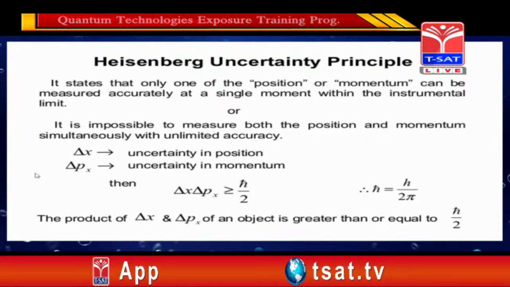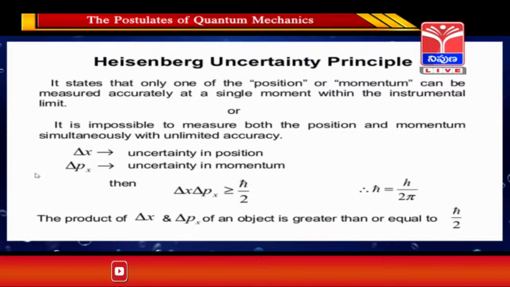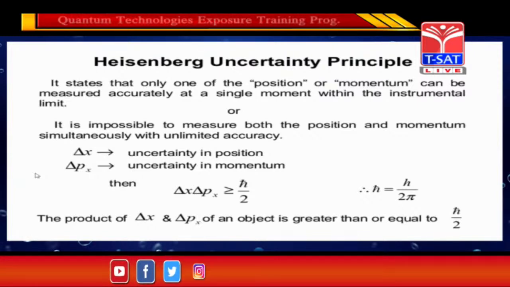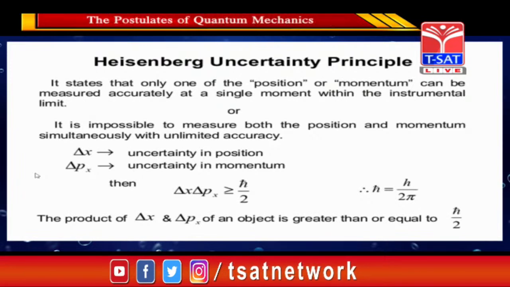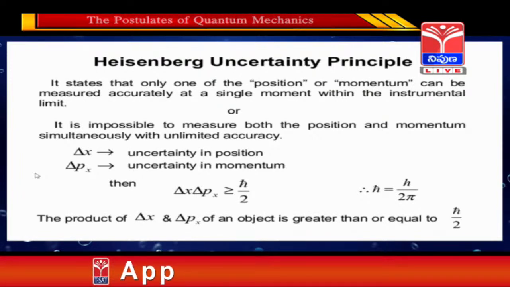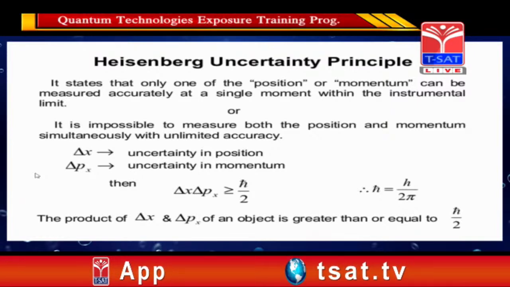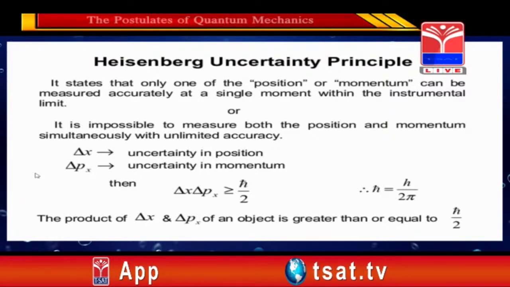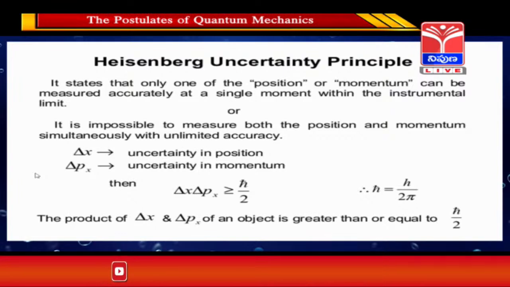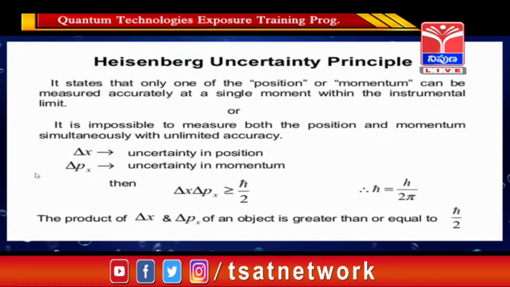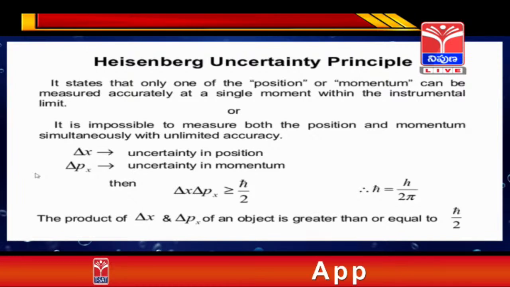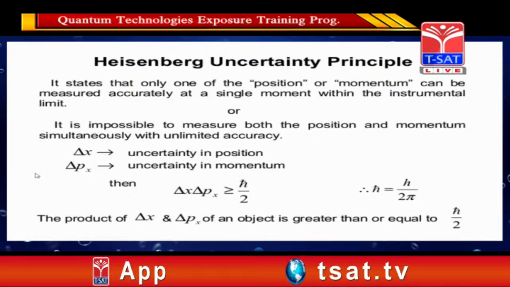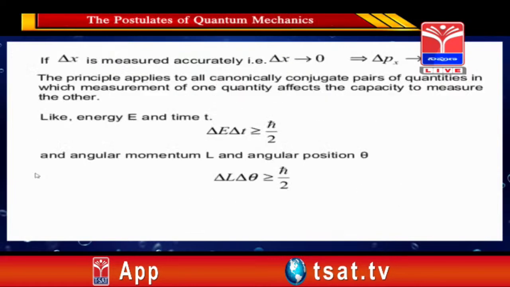If we are measuring momentum precisely, its uncertainty will be 0, so del px will be 0. Therefore, del x is infinity. Infinite uncertainty in position means we cannot at all know the position of that particle. So this is a very short and good introduction of Heisenberg's uncertainty principle.